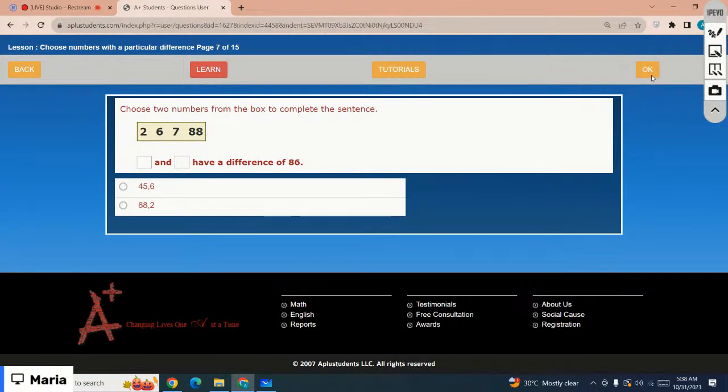Okay, choose two numbers from the box to complete the sentence. Which two numbers have a difference of 86? Which is the correct option?